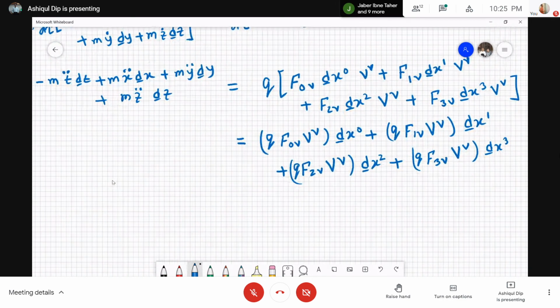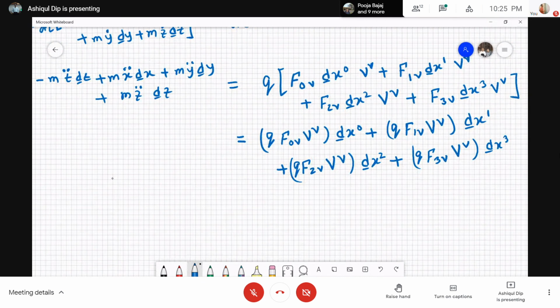So now on both sides we have one forms, right? With the same basis, so we can equate, because one form basis, those are like dt, dx, dy, those are independent basis, right? In 4 dimensions. And dt is just dx0. So let's write the same way. On this side we can write like this: minus m t double dot dx0 plus m x double dot dx1 plus m y double dot dx2.